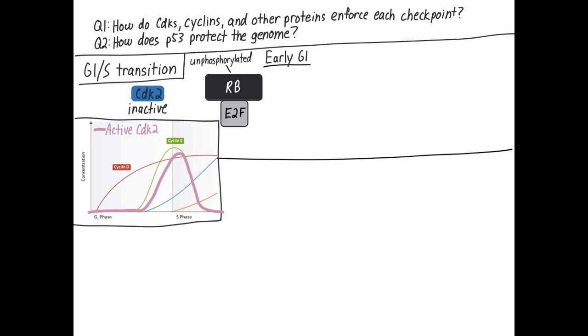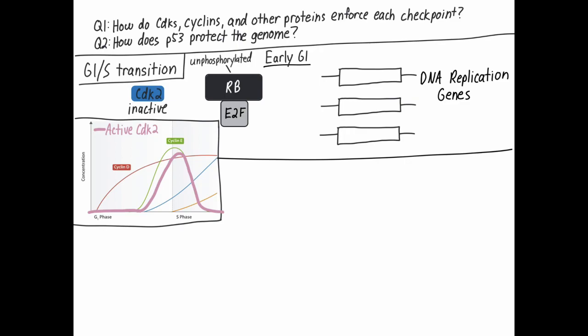E2F is a transcriptional activator in that it can turn on the transcription of genes, DNA replication genes in particular. However, when E2F is bound by RB, it can't do this, so these genes remain unexpressed, and the cell stays in G1.